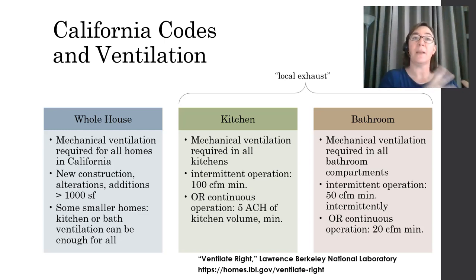So if you have separate compartments in your bathrooms closed with walls and doors in between, each of those compartments is required to have mechanical ventilation. Just an operable window isn't enough. You can either provide the mechanical ventilation with intermittent operation, that's more common, or continuous operation, and they have a code required minimum amount.